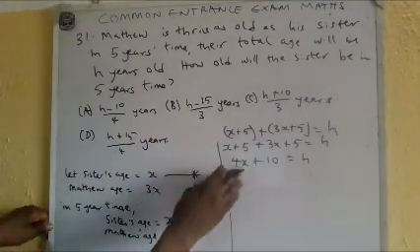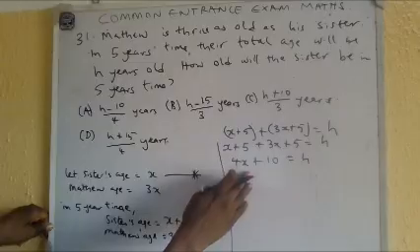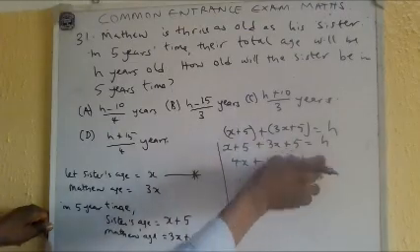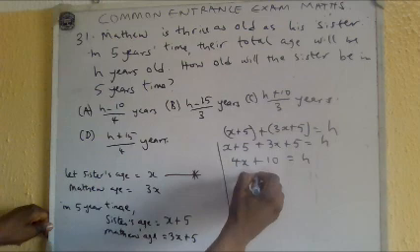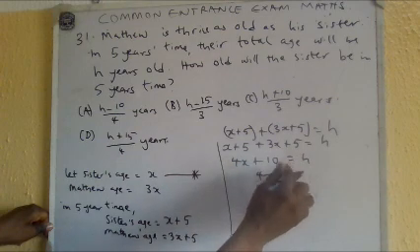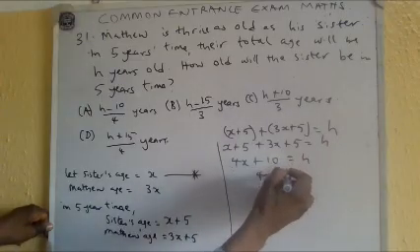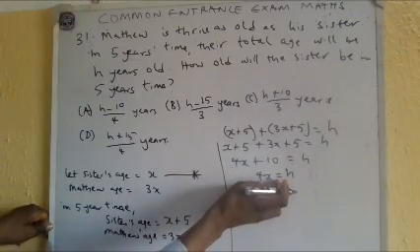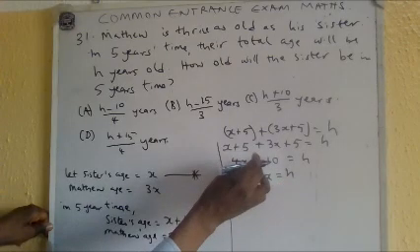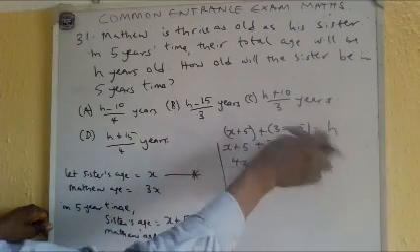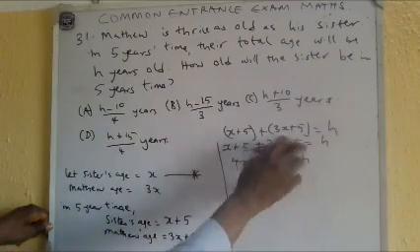So I can now make x the subject of the formula. First of all, 10 will cross over to the other side, and when it crosses over the equality sign, it becomes minus.